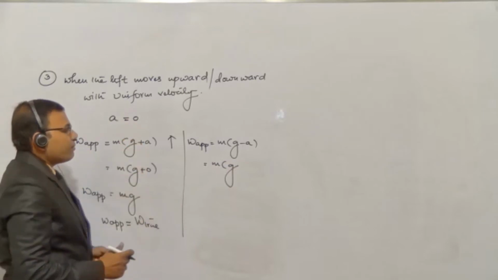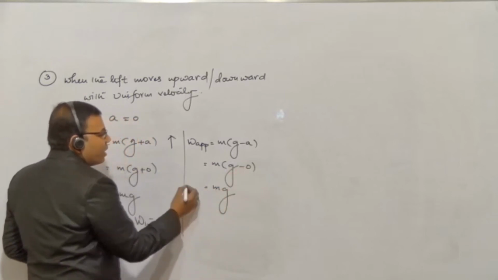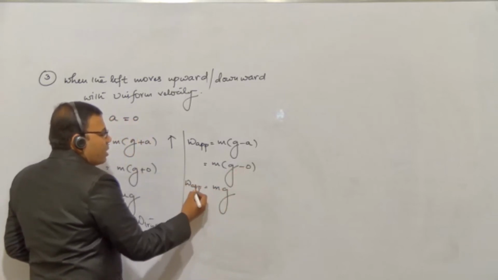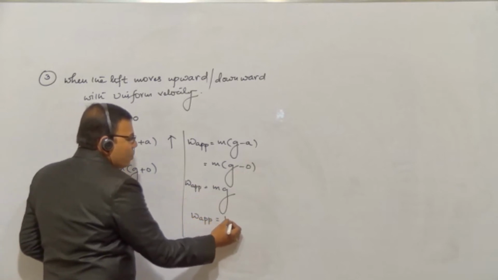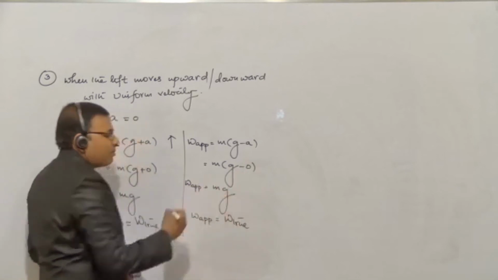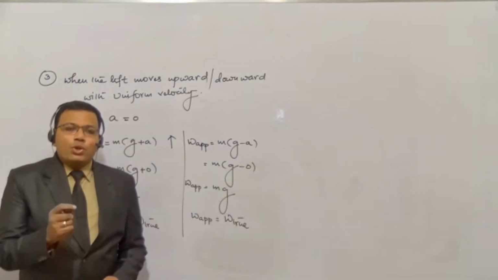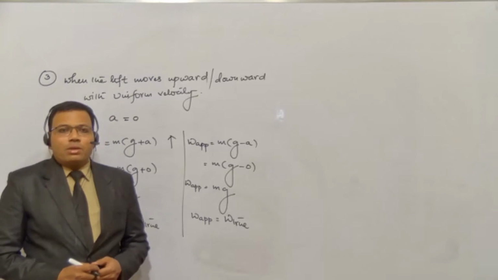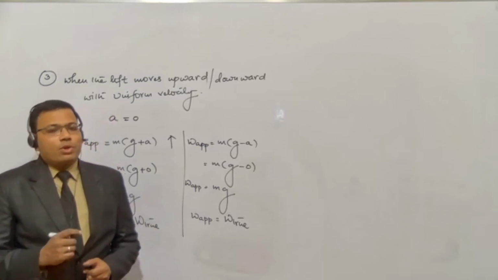It is 0, so mg minus 0 equals mg. So under this situation also, the apparent weight is equal to the true weight. ये दोनों बराबर है बेटा. So whether the lift is moving upward or downward with uniform velocity, the apparent weight will be equal to the true weight.